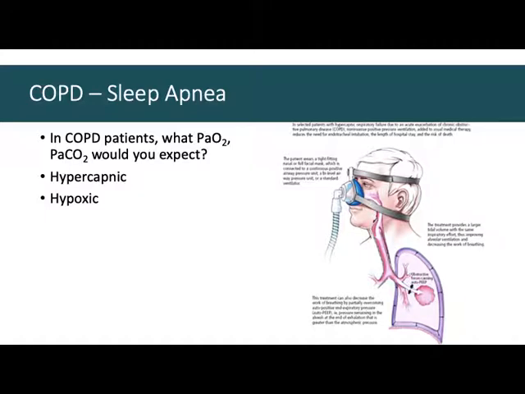So in COPD patients where they exhibit the characteristics of sleep apnea, over the course of the night, they become hypercapnic. They gradually accumulate CO2 in the body because it's still metabolically active. And they become hypoxic because that new fresh air can't reach the lungs where it is exchanged.